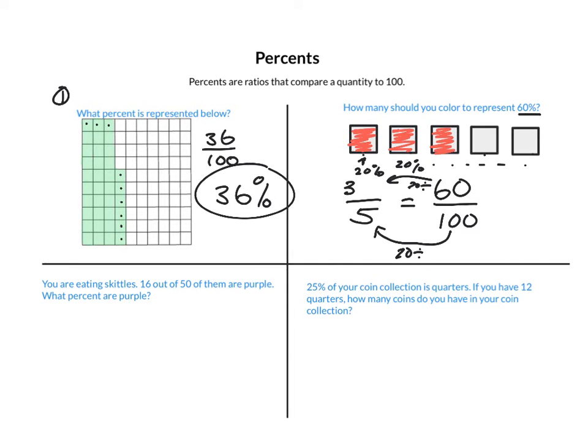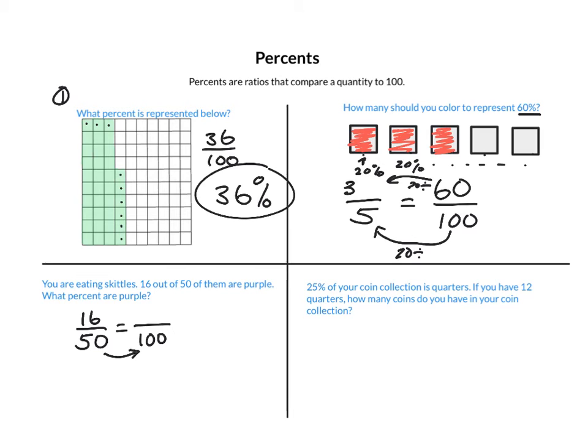Okay, now it says you are eating Skittles. 16 out of 50 of them are purple. What percent are purple? So we can start by writing this as a fraction form of a ratio. 16 out of 50, and now we know that percents are always out of 100. So we can say 16/50ths is equal to something out of 100.